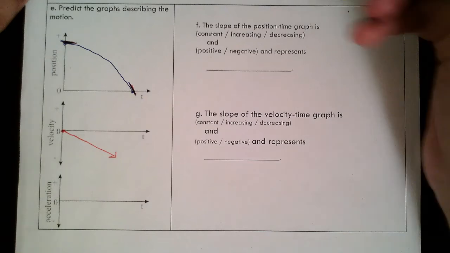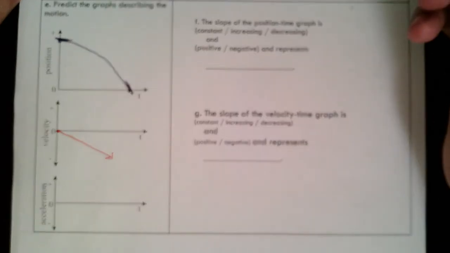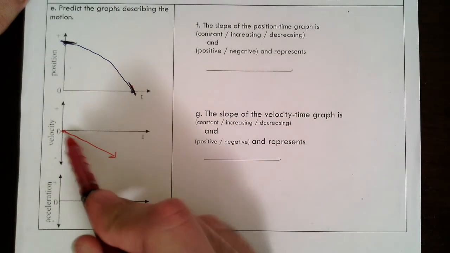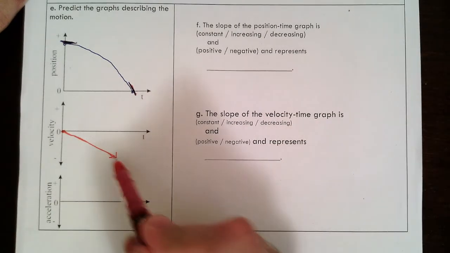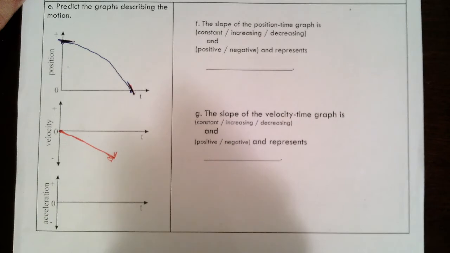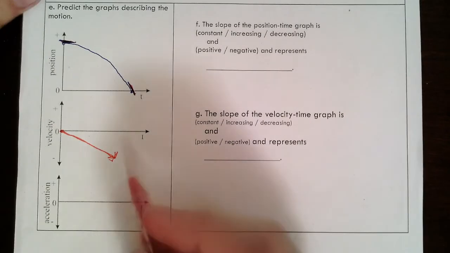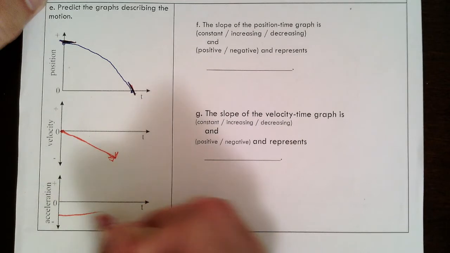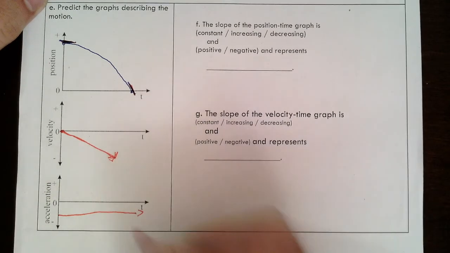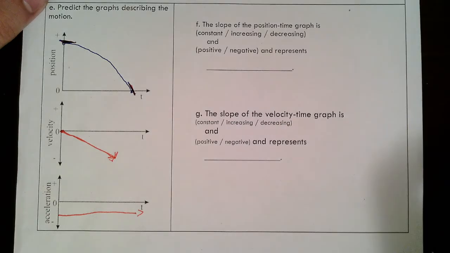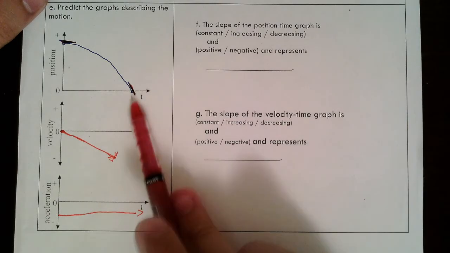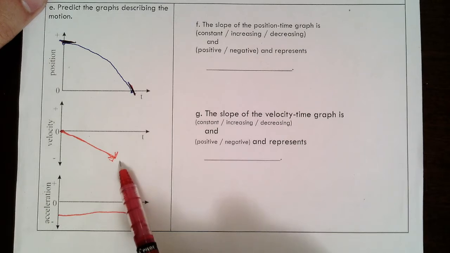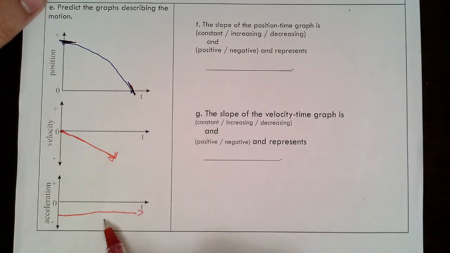Now if I'm looking at my acceleration versus time graph, I have a linear velocity versus time graph, so I'm going to have a constant acceleration versus time graph. When I have a curve in my position versus time, I have a linear velocity versus time and a constant acceleration versus time.